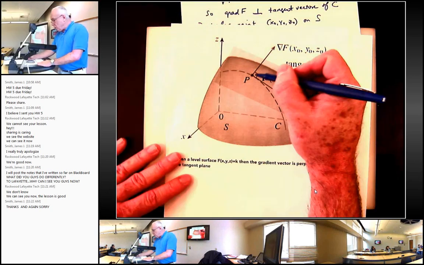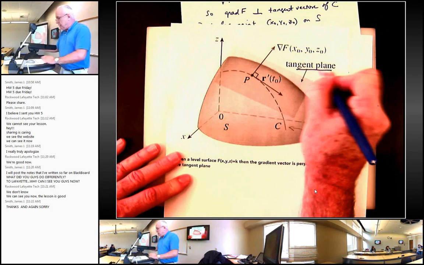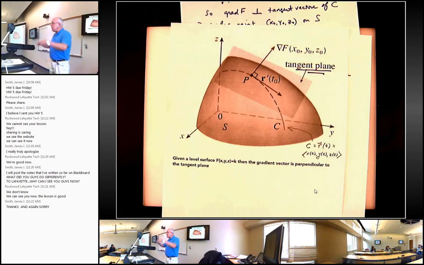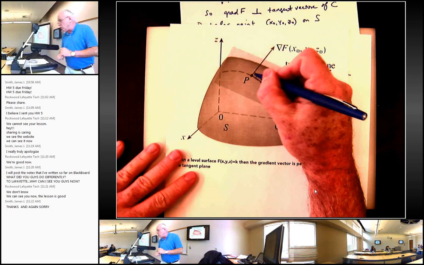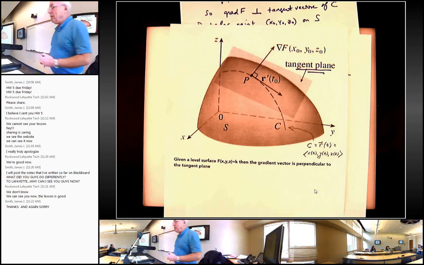This tangent vector is in the tangent plane; you can view it as just lying right there on the surface at that point. And what we see here then is that the gradient vector is perpendicular to this plane.